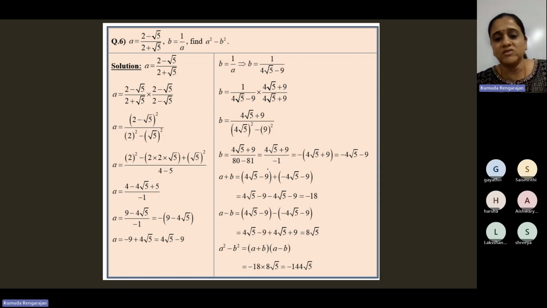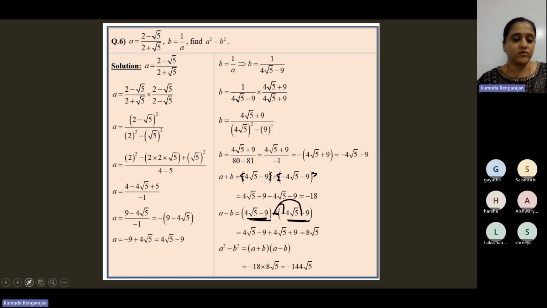When it is A plus B, it's okay even if you don't write the bracket. But for A minus B, the expression for A in a bracket and the expression for B in a bracket, separated by a minus sign. Now when you open the bracket, it will be plus 4 root 5 plus 9. So be careful there.